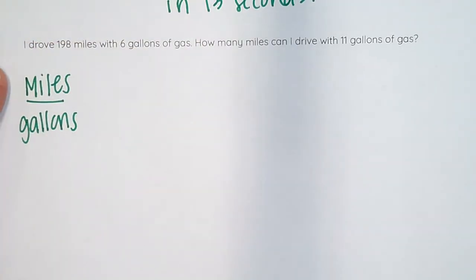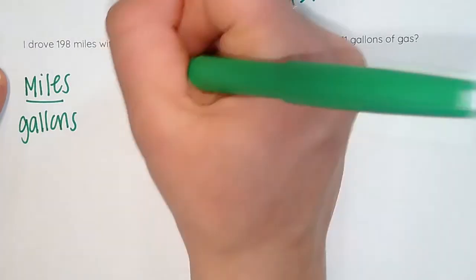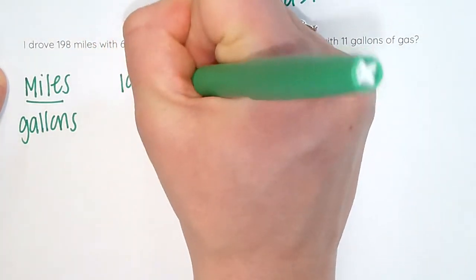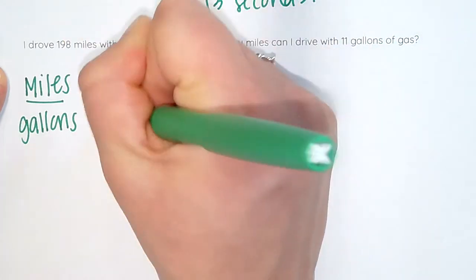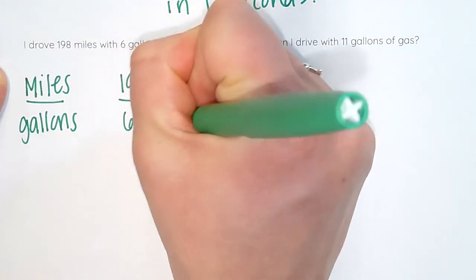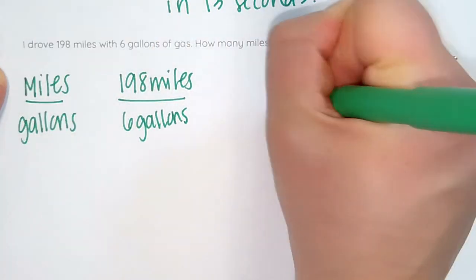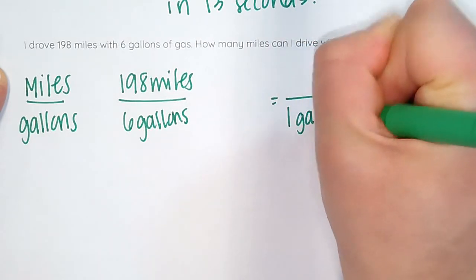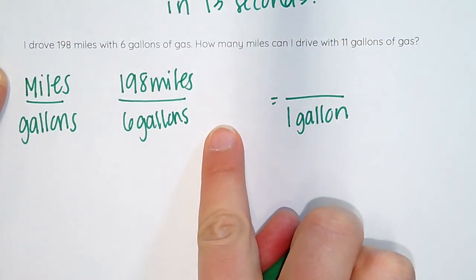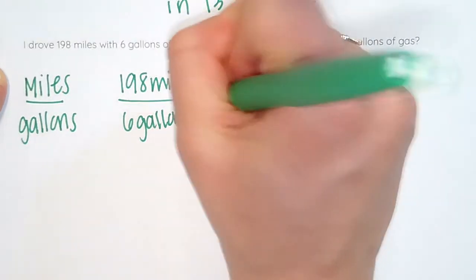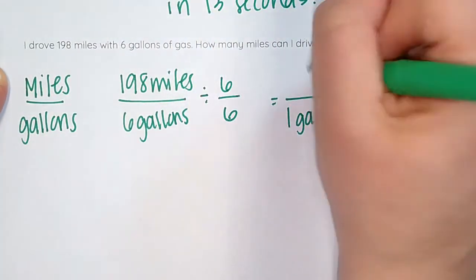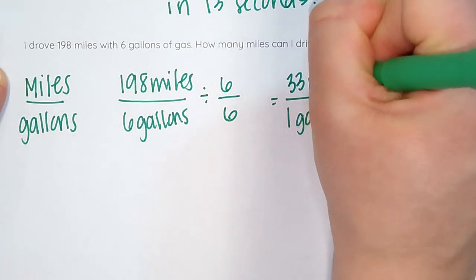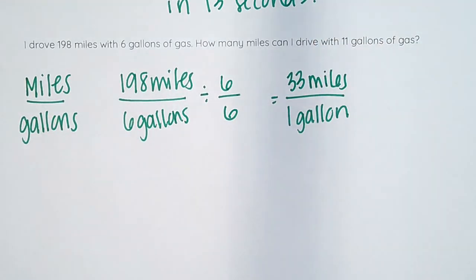What is my unit rate? Good, 198 miles for 6 gallons. How do I get my unit rate of 1 gallon? What goes here? Good, I divide by 6. My unit rate then is 33 miles for 1 gallon.